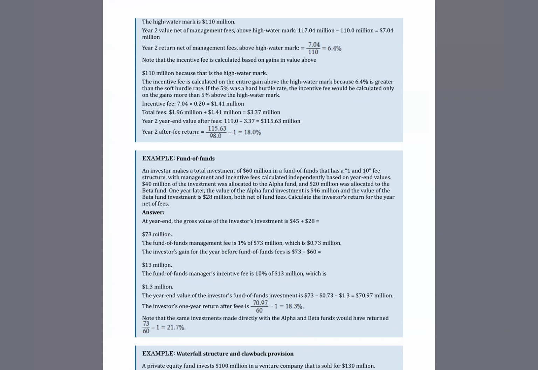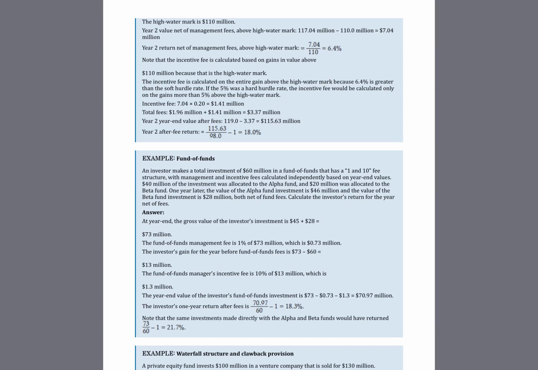So whatever losses you have incurred, you need to recoup those losses. So you realize that we took the difference between the 110 and 107.04, which is 7.04. That 7.04 divided by 110 gives me 6.4% as the return.